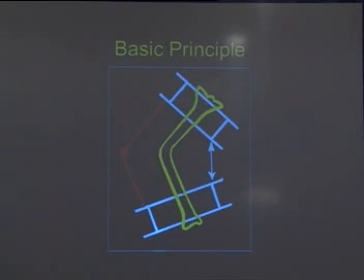So the basic principle of correction of deformity is that you have to put a hinge at the CORA level, you have to put a distraction rod, and you make two ring blocks distally and two ring blocks proximally.